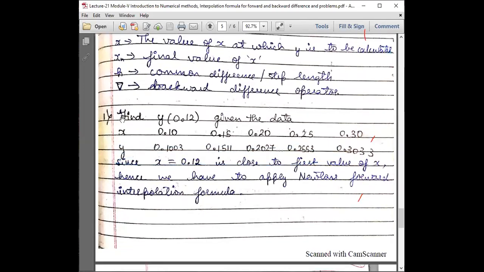Find the value of y of 0.12 given the data. That is the data for x and y.